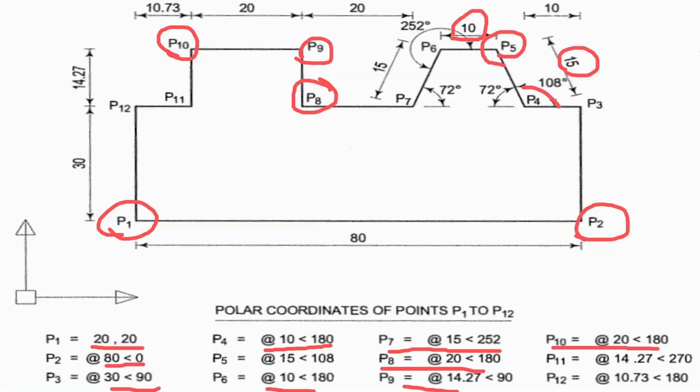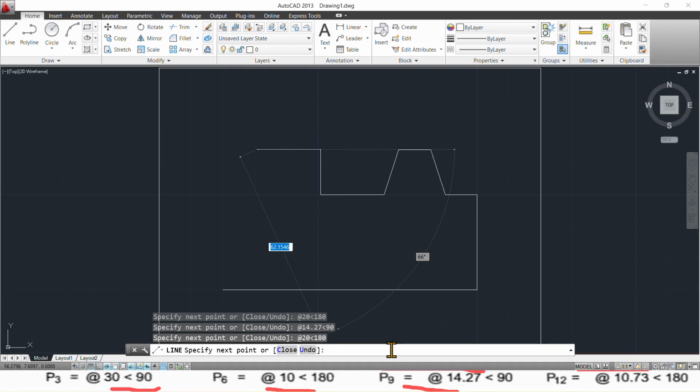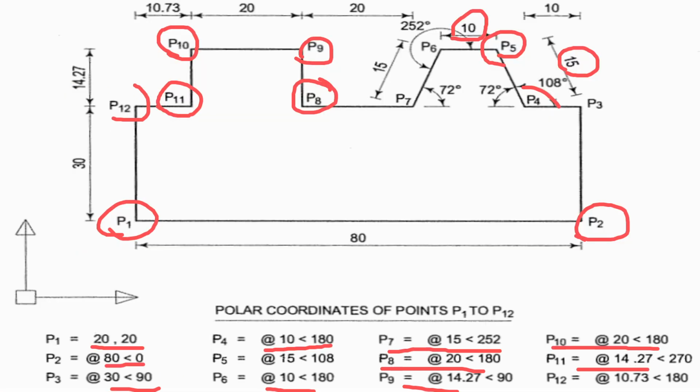Next, we'll move in the downward direction, that is P11. So it is at a distance of 14.27 less than 270, at the rate 14.27 less than 270. Now we move to P12.